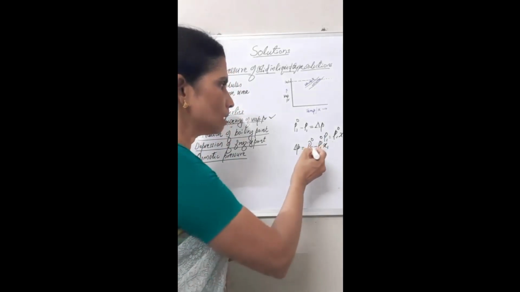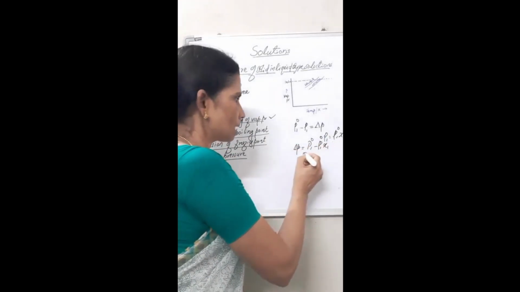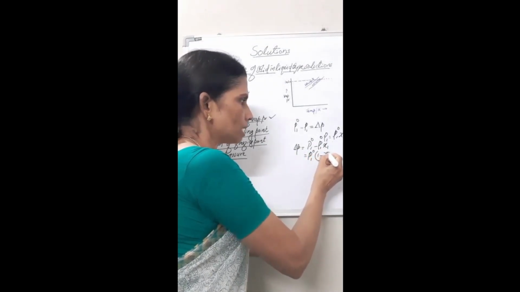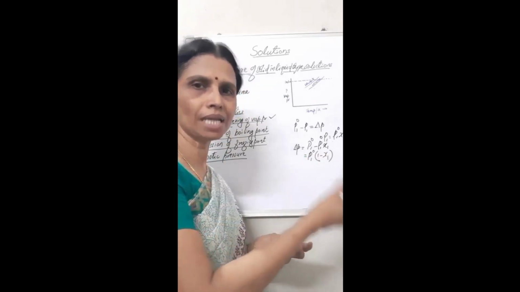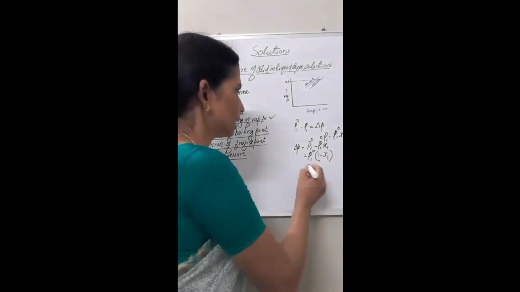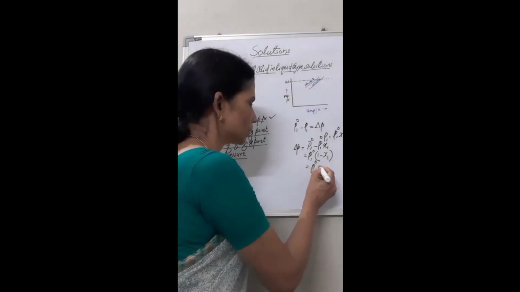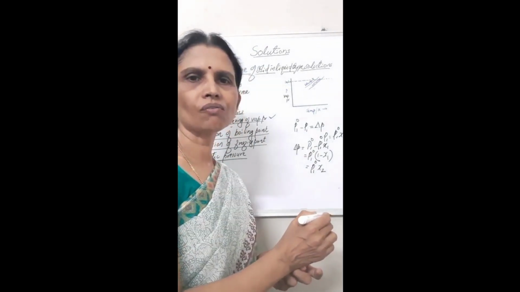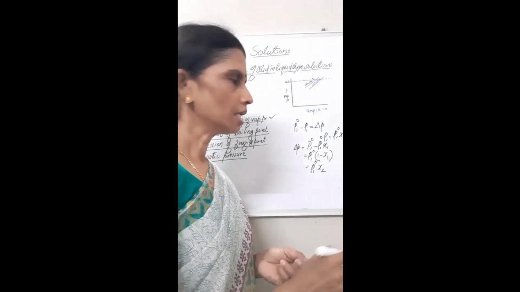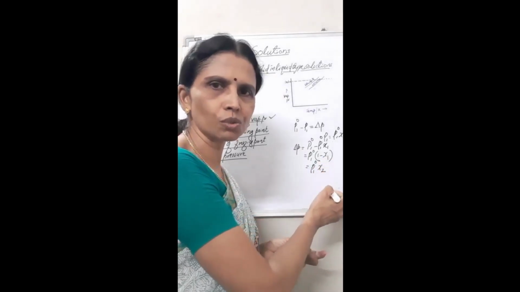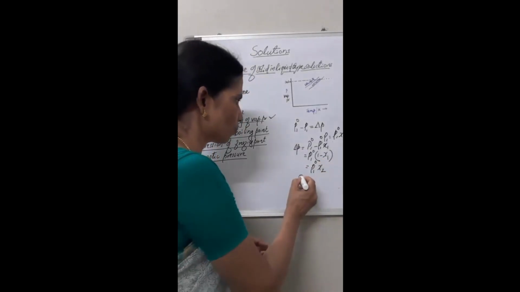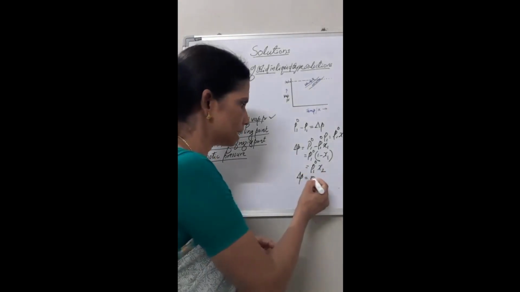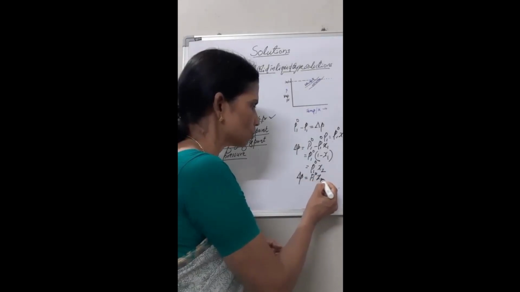Taking P1° as a common factor, this is equal to P1° into (1 minus X1). But 1 minus X1 is X2, so this is equal to P1° into X2, where X2 is the mole fraction of the non-volatile solute. We get this because we know X1 plus X2 is equal to 1, and therefore ΔP, that is the lowering of vapor pressure, is equal to P1° into X2.